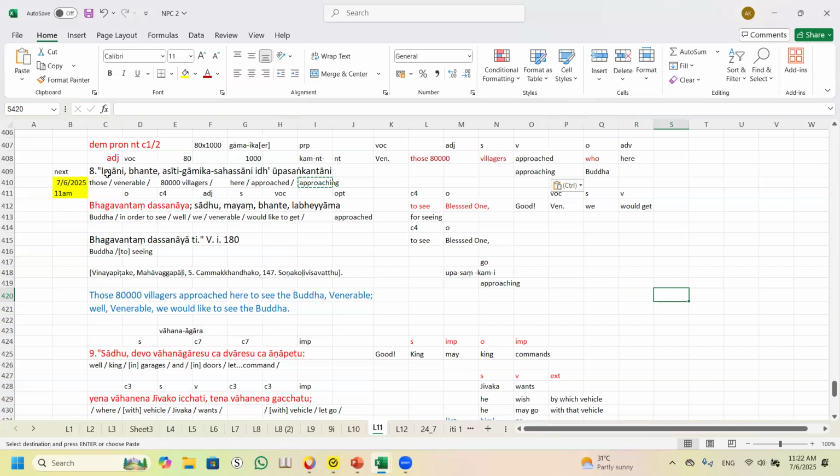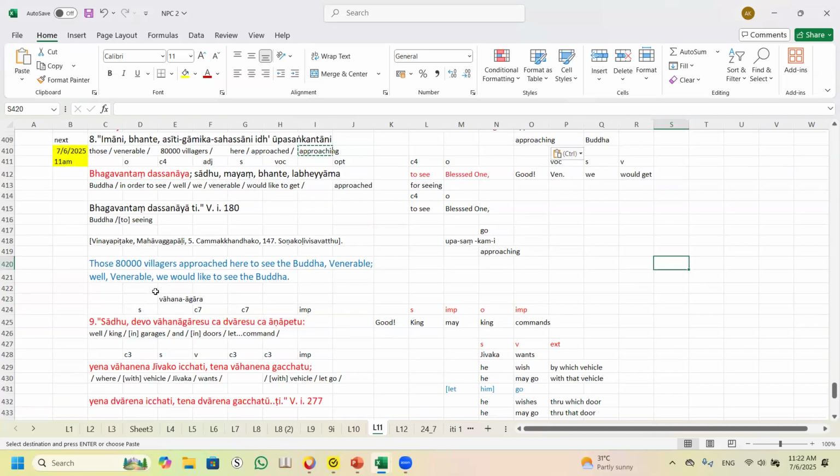CN. This one is an adjective to this. This is a direct adjective to this. This is what you call predicative adjective. Predicative adjective. Thank you, brother.